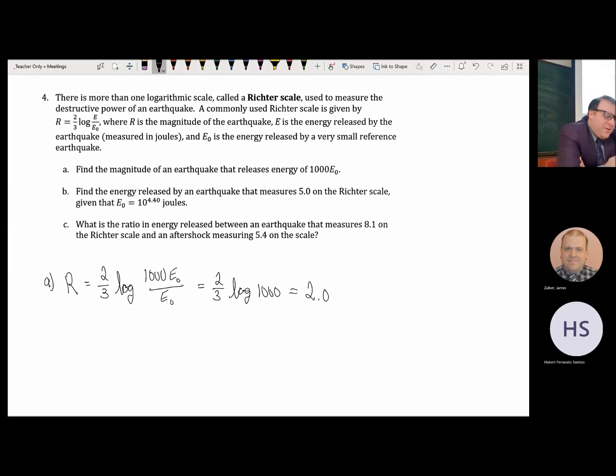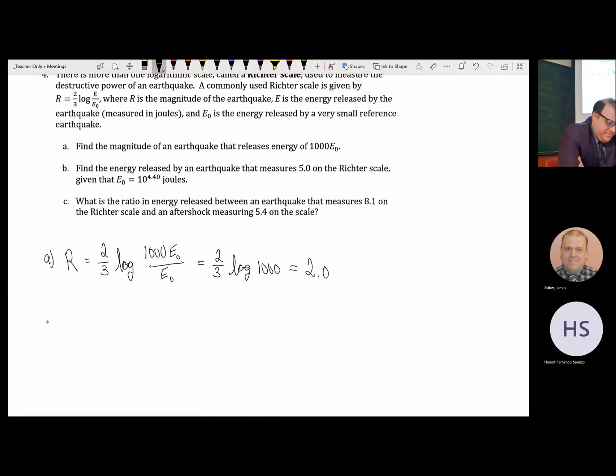Find the energy released by an earthquake that measures a 5.0 on the Richter scale, given that E naught is 10 to the 4.4 joules. So 5 is going to be 2/3 common log of E over 10 to the 4.4.